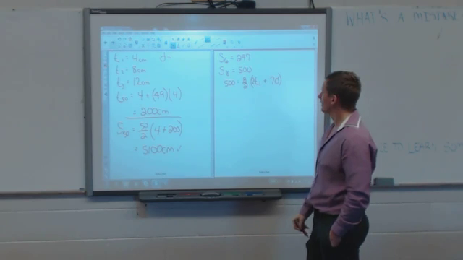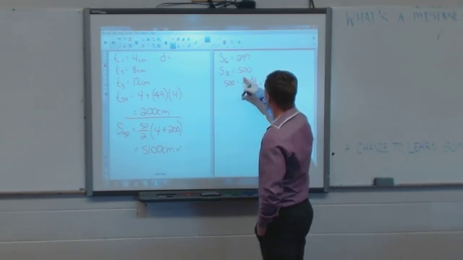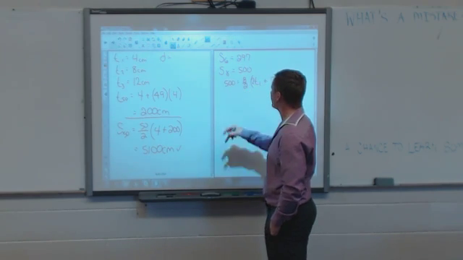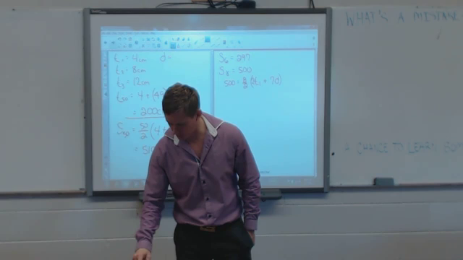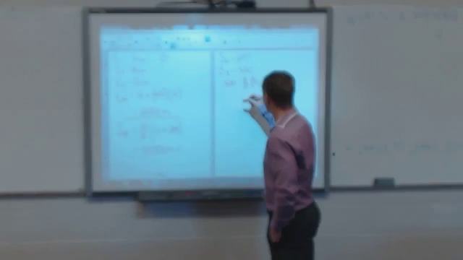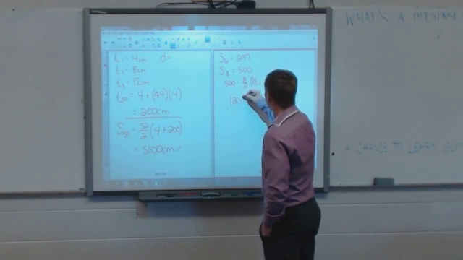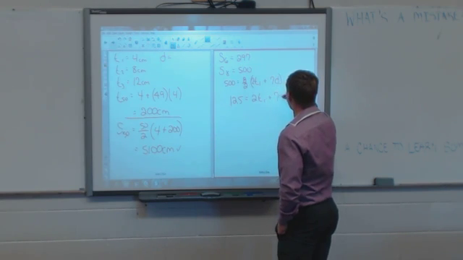Now I'm going to simplify this. So that's 4 right here. I'm going to divide 500 by 4. So 500 divided by 4 should be 150, I think. No, 125. So I have 125 is equal to 2t1 plus 7d.